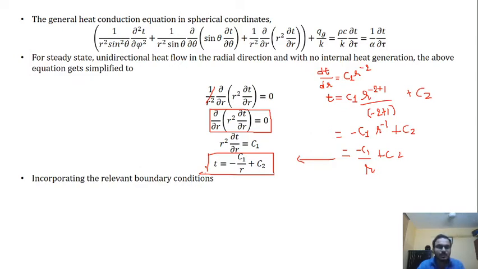Now incorporating the relevant boundary conditions, that is at r equal to r1 we are having T equal to T1, and at r equal to r2 we are getting T equal to T2.